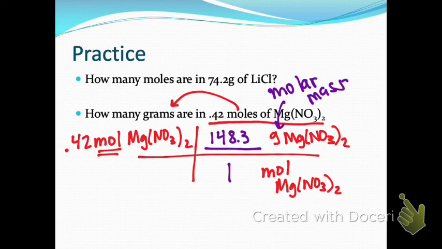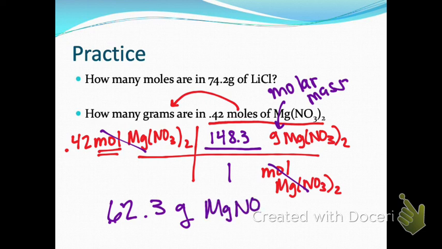Okay. Remember, magnesium is one that is not close enough to a whole number. 24.3. We need to keep that 3 in there. Okay, and so then I check my units. Did my moles cancel? Yes, they did. So I multiply across the whole top. And I get a number that's about just 62.2 or 62.3 grams of MgNO3 2.